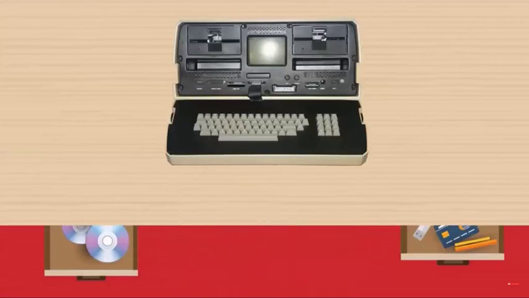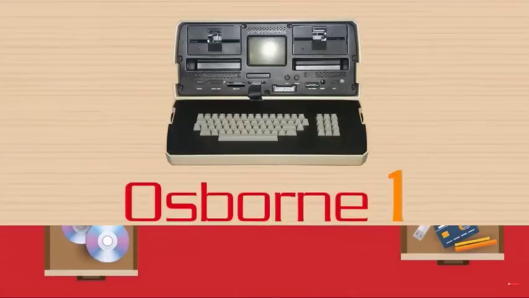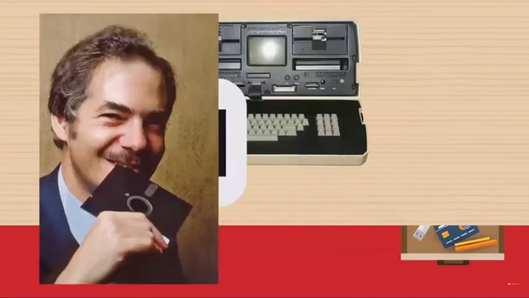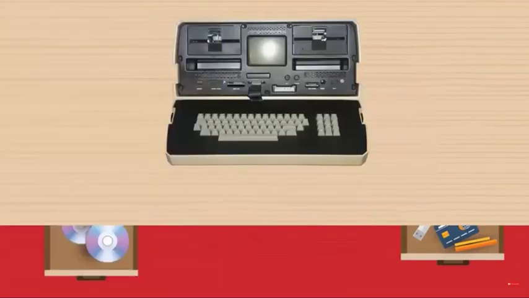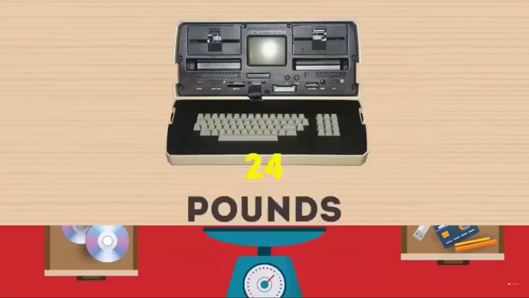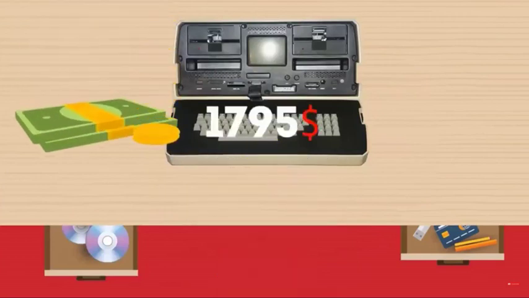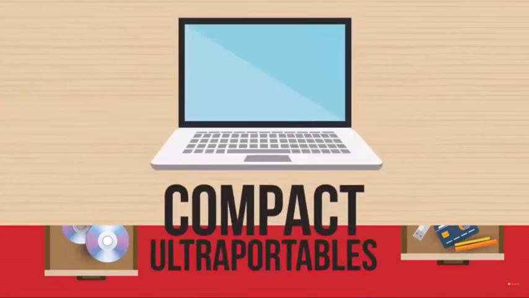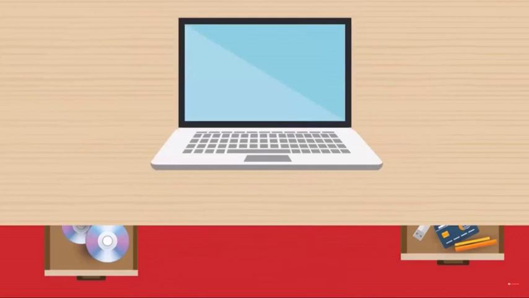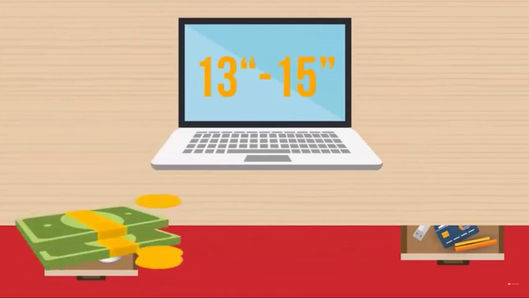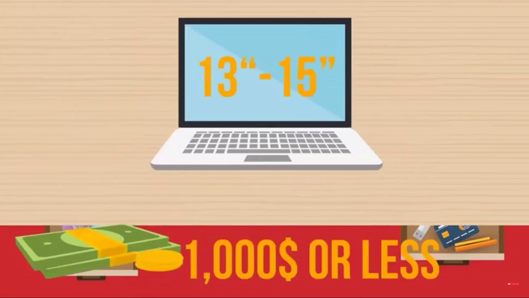The first true portable computer was called Osborne 1, built by Adam Osborne in 1981. It weighed 24 pounds, had a 5-inch screen, and cost $1,795. Compact ultra-portables. Laptops circa 2016 are sleek, lightweight, have 13 to 15-inch touchscreens, blazingly fast processors, and cost $1,000 or less.